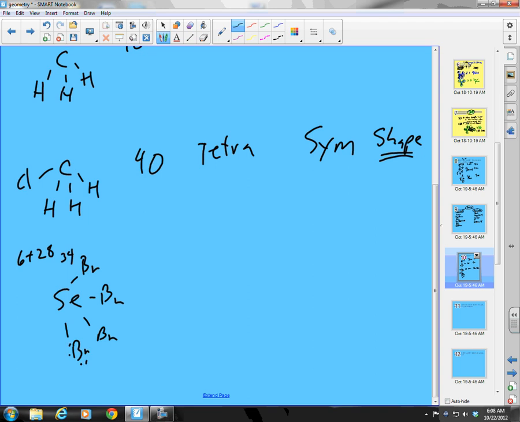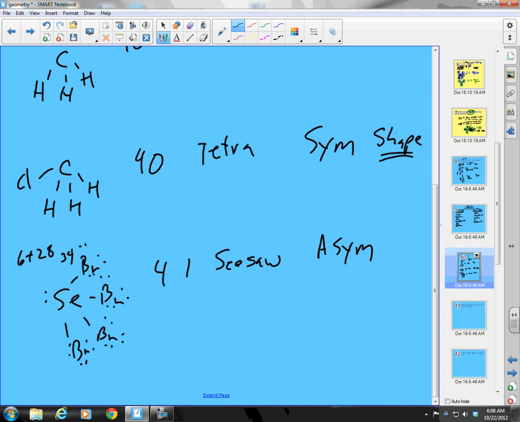Complete my octet. And what is that? 8, 16, 24, 32, 33, 34. There is my seesaw. That's a 1, 2, 3, 4, 1 seesaw. Seesaw is what? Asymmetric in shape.